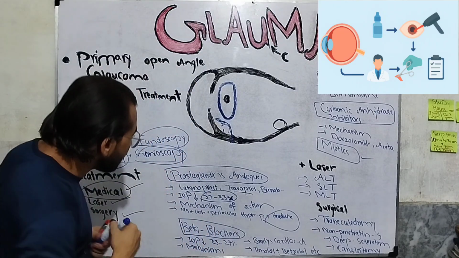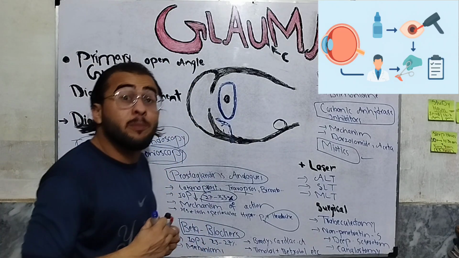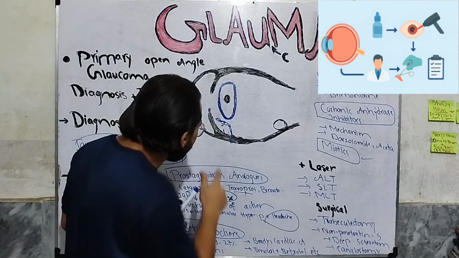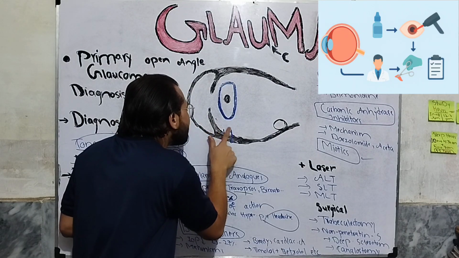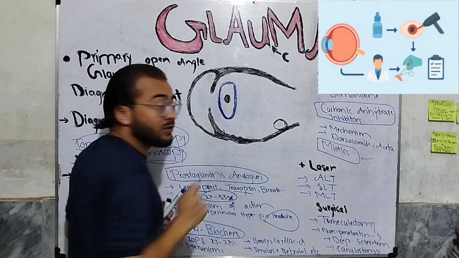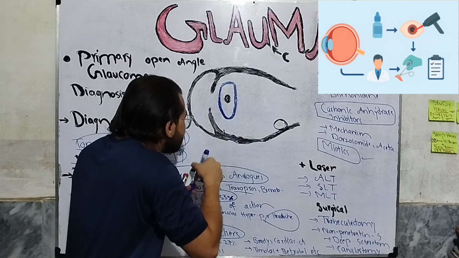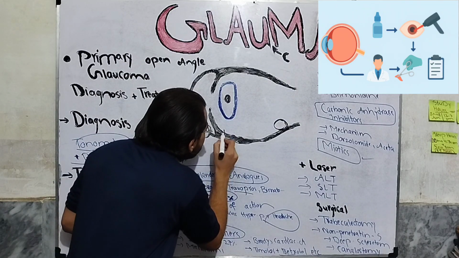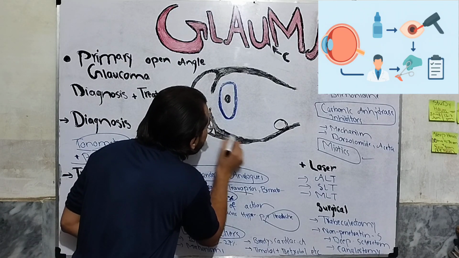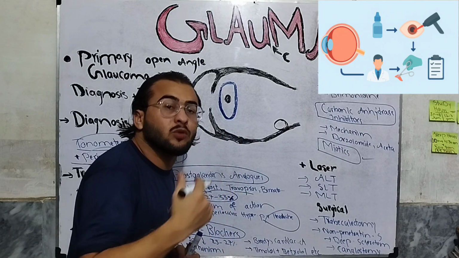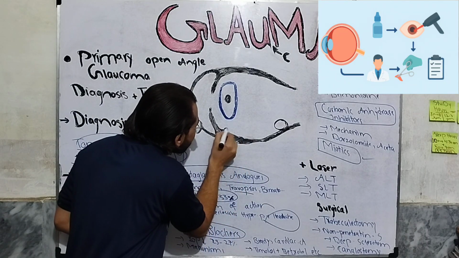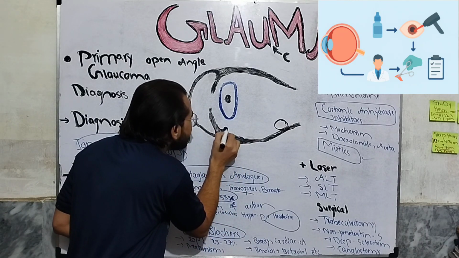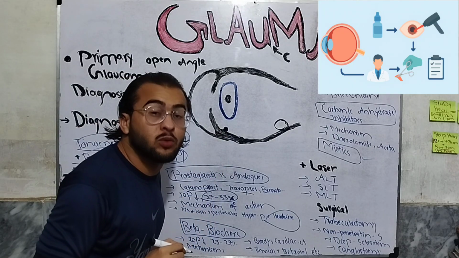Now we can also use beta blockers. How do beta blockers work? The aqueous humor is produced from the ciliary processes. On the double-layered epithelium there are beta receptors, and these are involved in the production of aqueous humor.